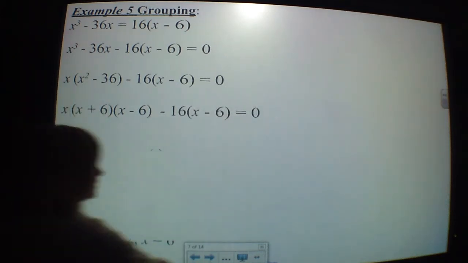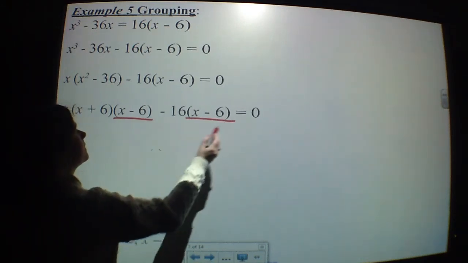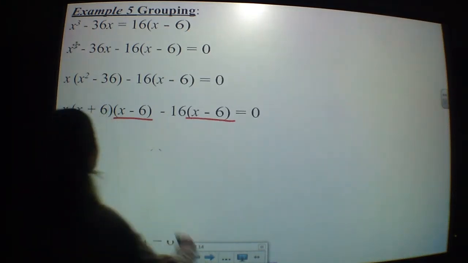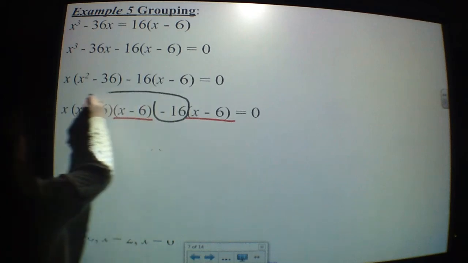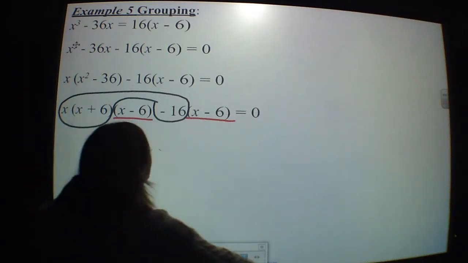Now, I have these that are common, okay? Those are common, okay? So I can factor that out, and I'm left with what is circled. So let me rewrite that.